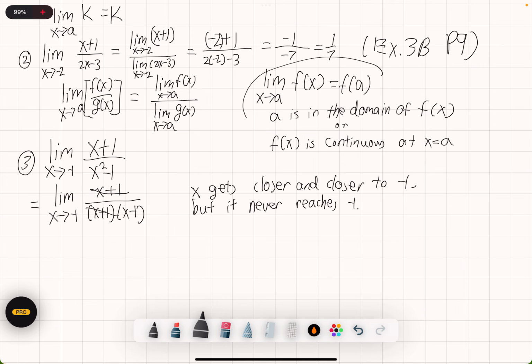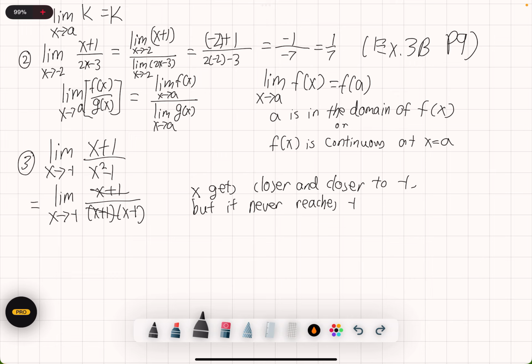So up here we know that this property can be used because as x gets closer and closer to a, we know that f of x will get closer and closer to f of a. But here, when a is negative 1 and x approaches a, f of a does not exist.